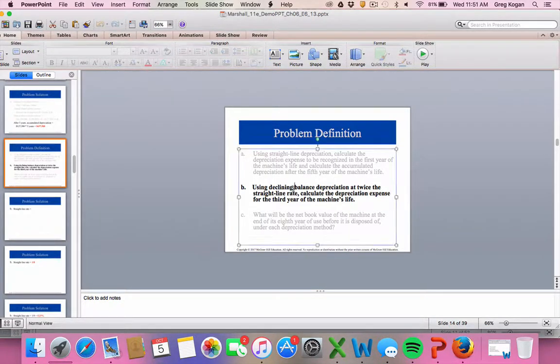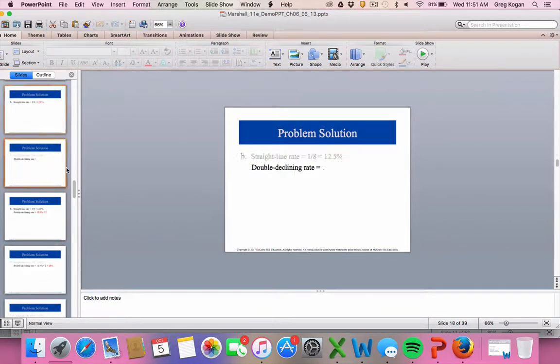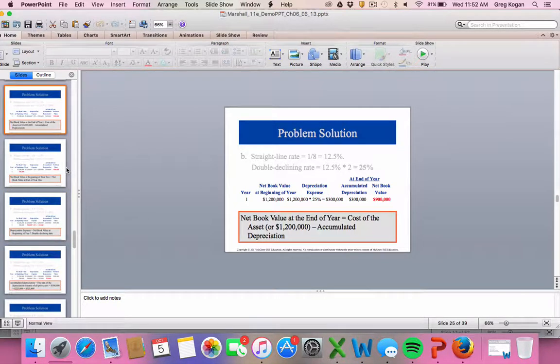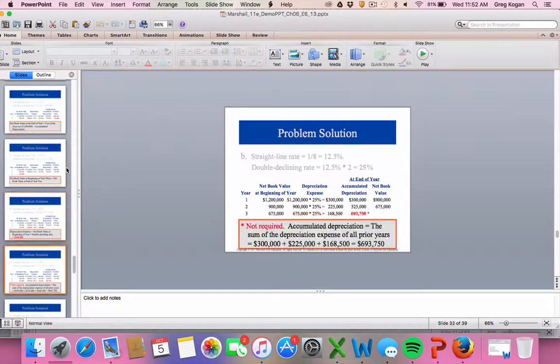Using declining balance, what is the depreciation in the third year? If we're going to use declining balance, the straight line rate is 12.5%, so the double declining rate is just double, 25%. If we apply 25% per year, and notice you start with the total value, not less salvage value, you can see the annual depreciation here, and every year you subtract what you depreciated.